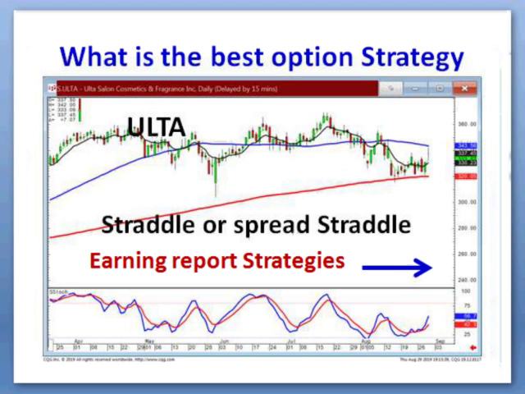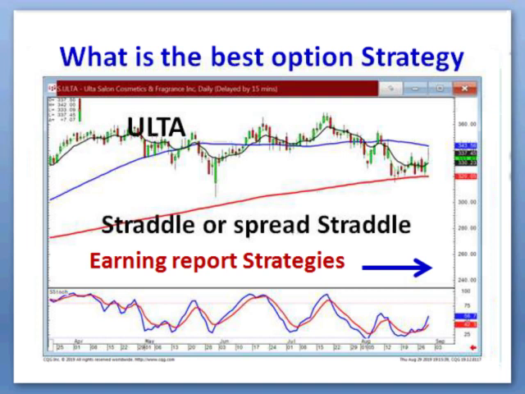I might look at something like this, and I'm just picking this out as an afterthought. Right now, they reported their earnings, but let's just say like Amazon or Apple or one of those that when they report earnings, they blast one way or the other, but we don't know which way it's going to be. Is a straddle or a spread the best criteria? After the earnings report, right now it's trading down here tonight at this level.